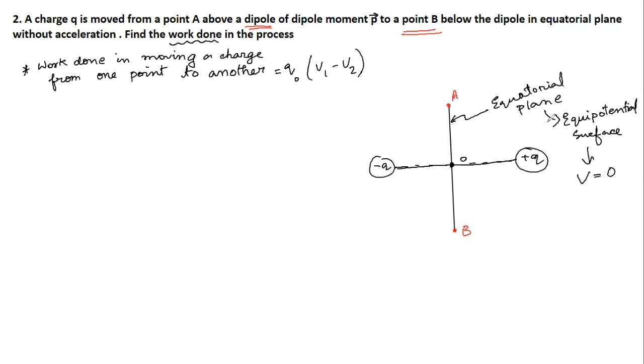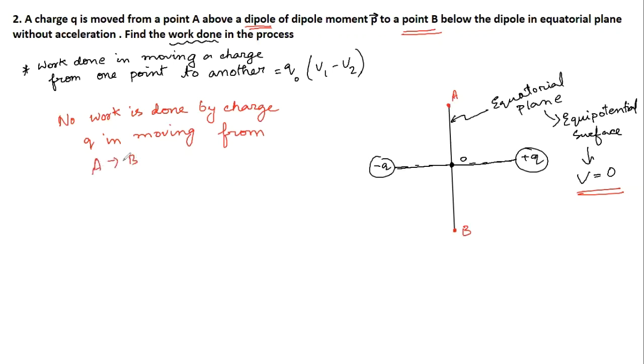We have already stated clearly that in the equatorial plane, the equipotential surface has the potential value 0. So if any charge is moving over this equatorial plane, you will have no work done. No work is done by charge Q in moving from A to B over the equatorial plane.